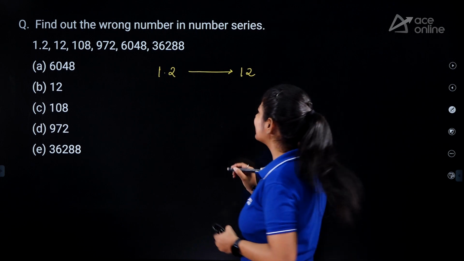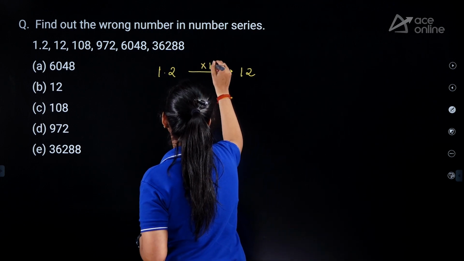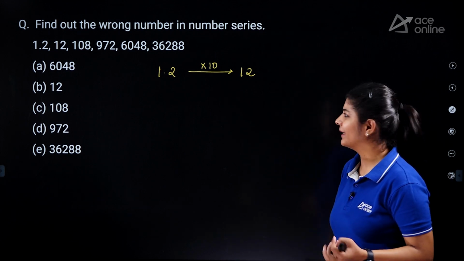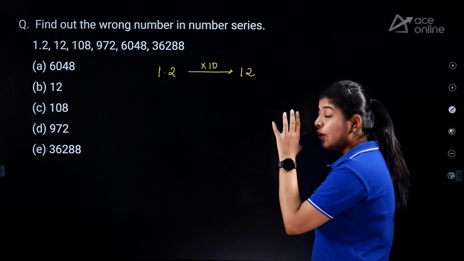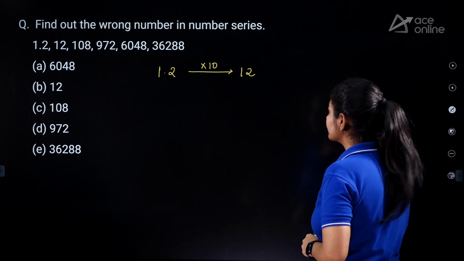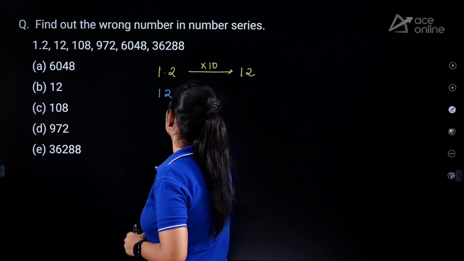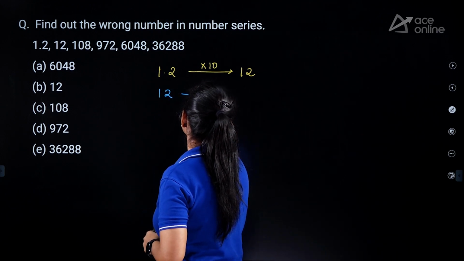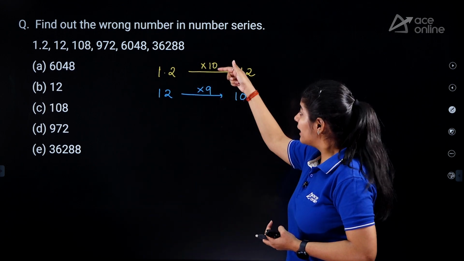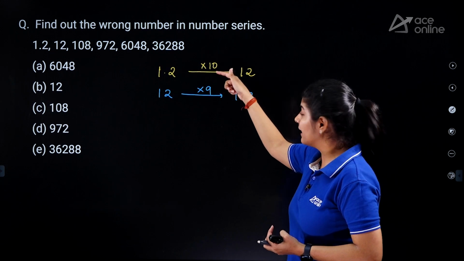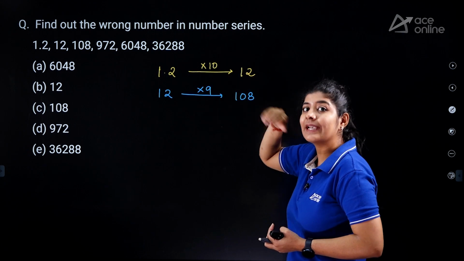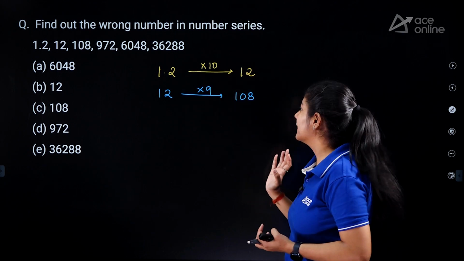I can simply say that if I multiply this value by 10, I can easily convert this 1.2 into 12. I also know that 12 into 9 is nothing but 108. That means here, if I keep decreasing the multiplied number, I will get my particular sequence.